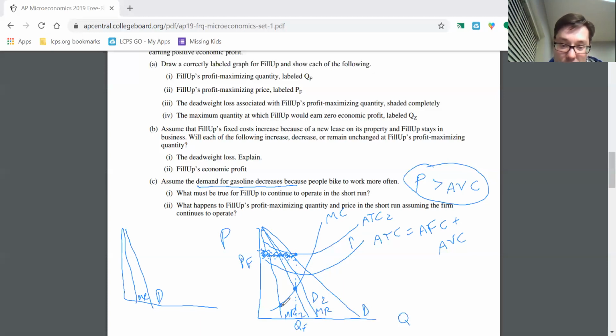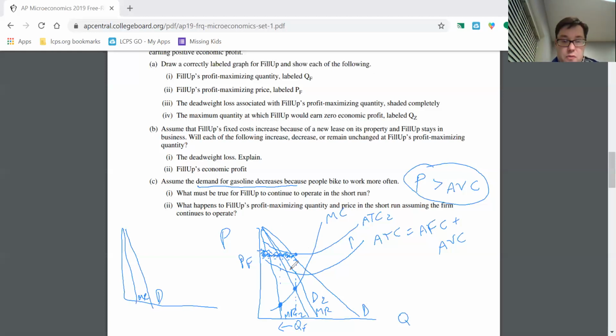Now our profit maximizing quantity is over here. If you drew this up here, it's going to be too messy up there. But you can see for sure how the quantity is going to decrease. And you should also be able to see how price is going to be less, because our initial demand curve was way up here, and now our new demand curve is this one, I guess.